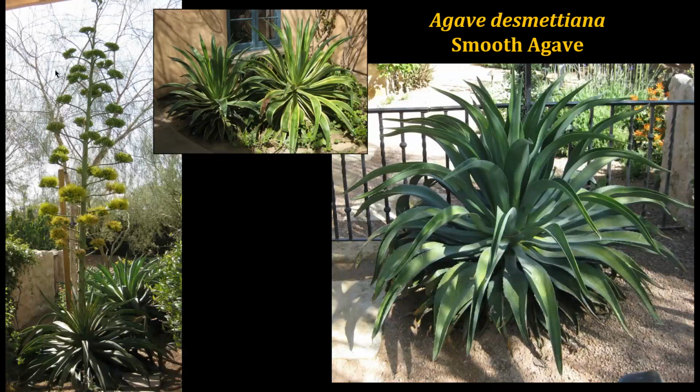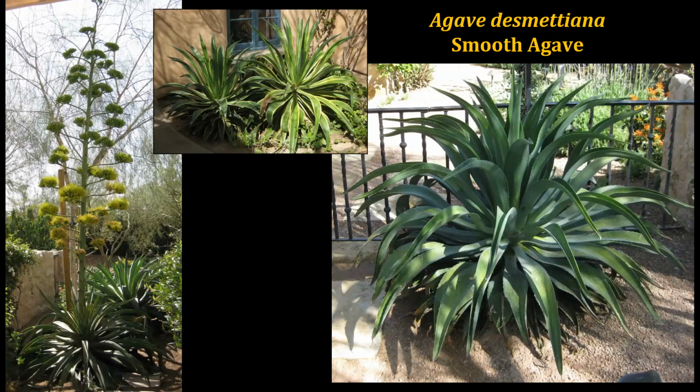And our agaves send up spectacular bloom stems. If only we could all go out with such a grand hurrah, last hurrah. Once they've bloomed, they are going to die.